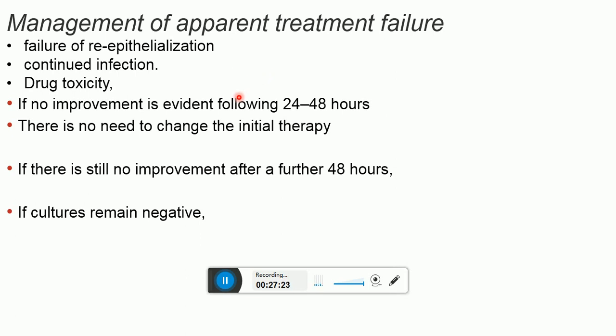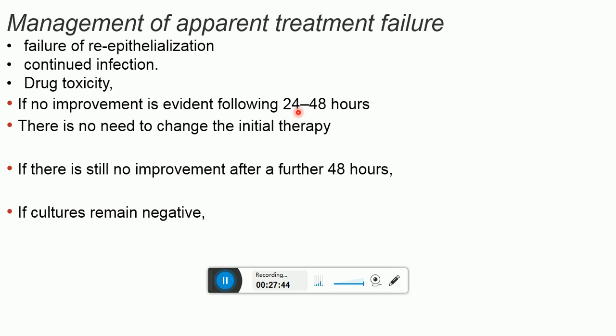If no improvement is evident following 24 to 48 hours of intensive treatment, the antibiotic regimen should be reviewed, including contact with the microbiology laboratory to obtain the latest report. There is no need to change the initial therapy if this has induced a favorable response, even if culture shows a resistant organism.